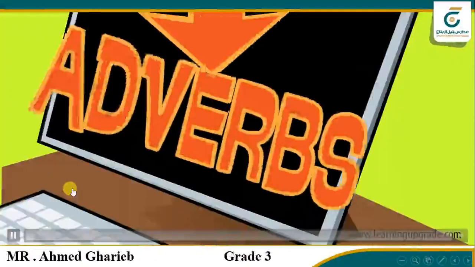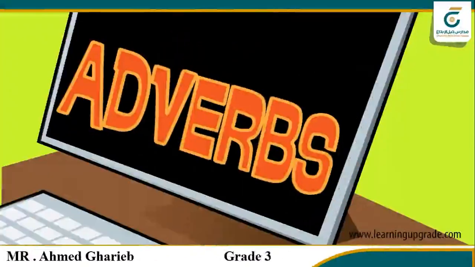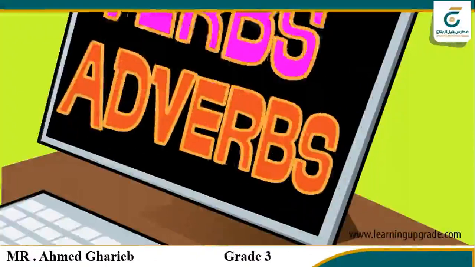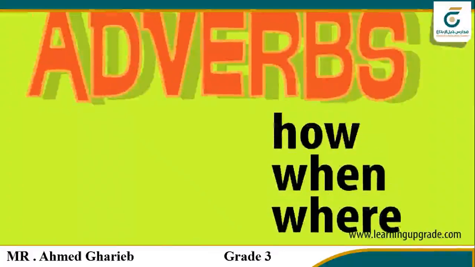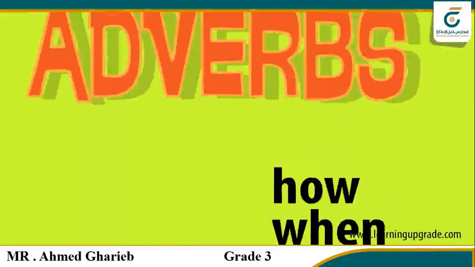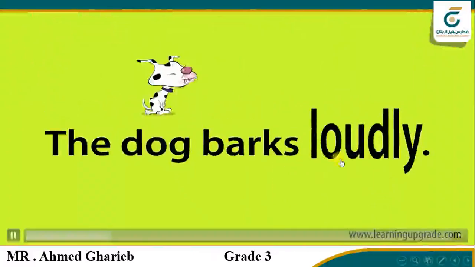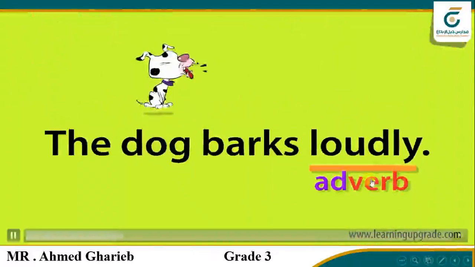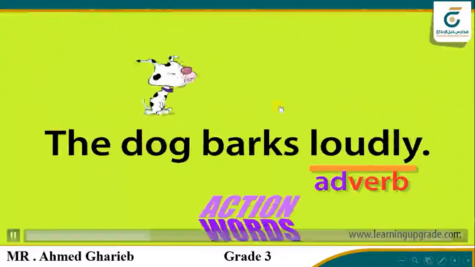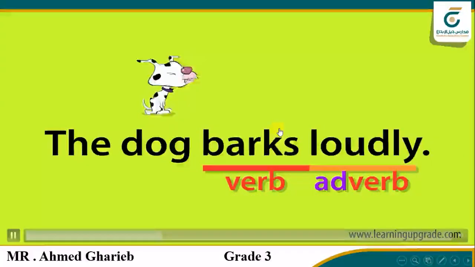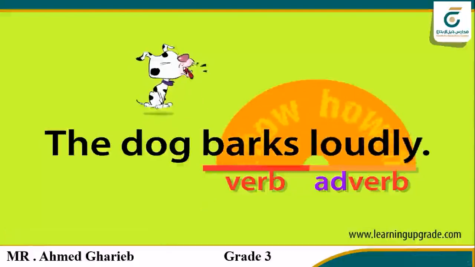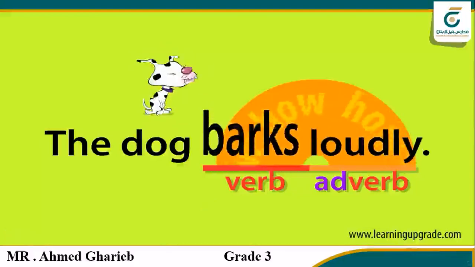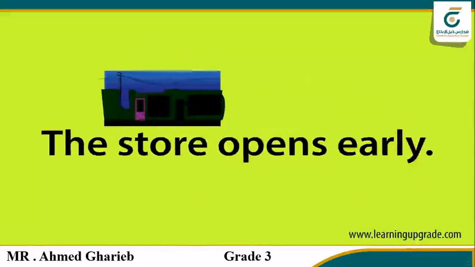An adverb tells you more about a verb. Adverbs tell us how, when, and where the action takes place. The dog barks loudly. The adverb loudly tells us more about the verb barks. The adverb loudly tells us how the dog barks. The store opens early.